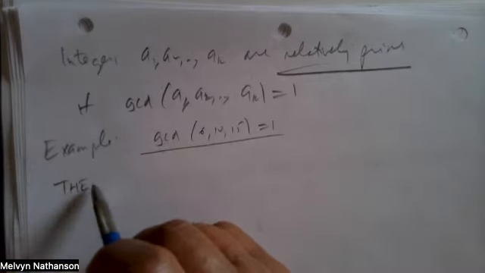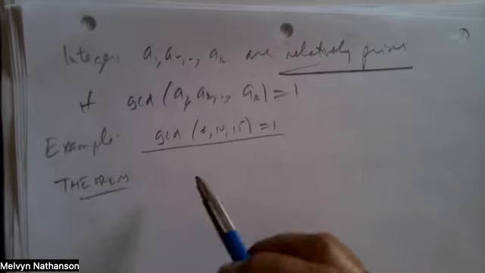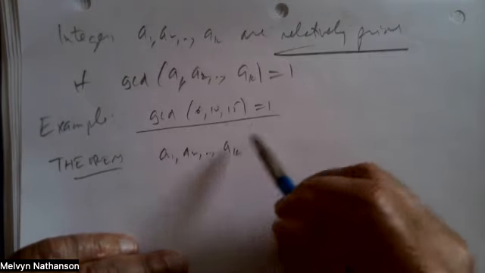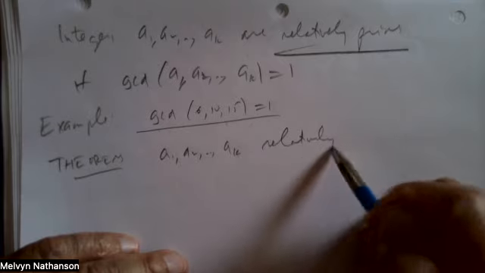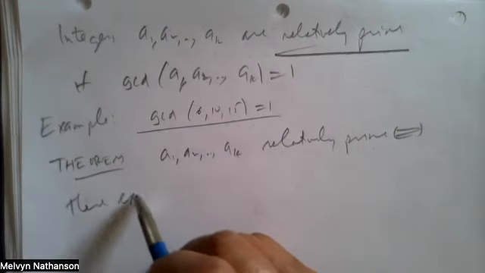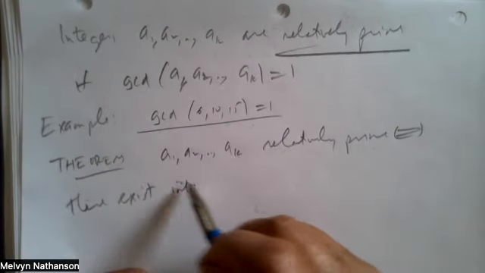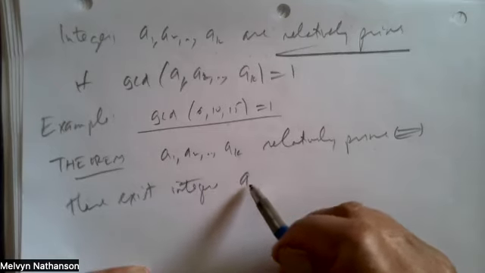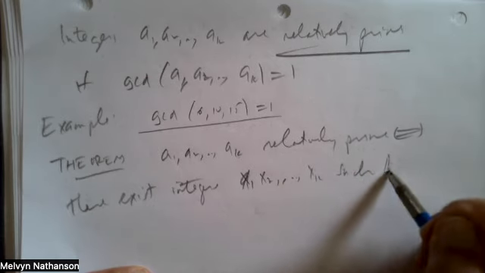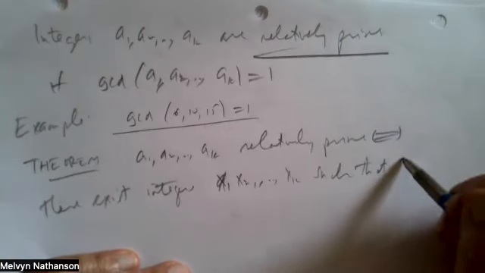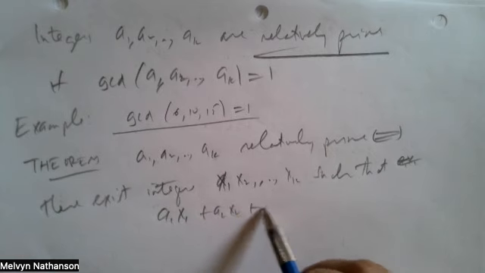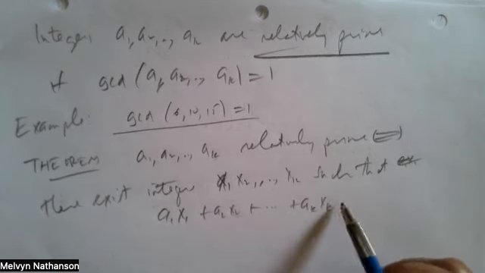And we get a corollary of the previous theorem that says that a1, a2 up to ak are relatively prime if and only if there exist integers x1, x2, x3, and so forth up to xk, such that a1x1 plus a2x2 plus akxk equals 1.